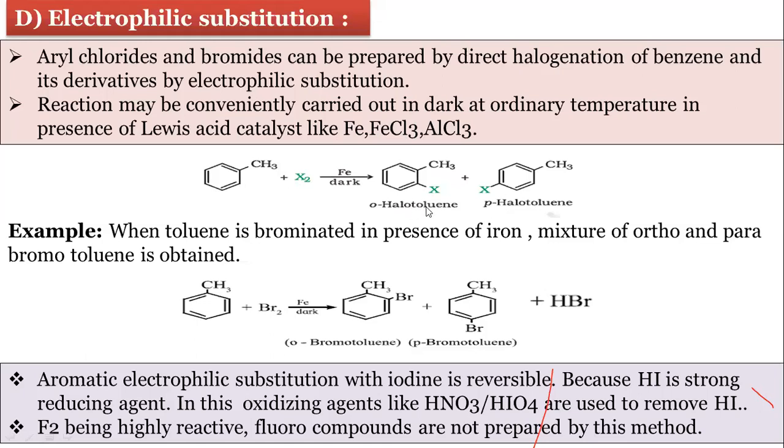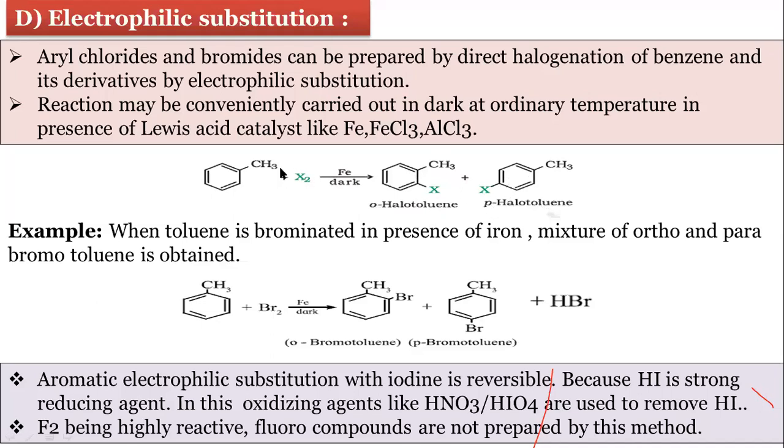The para isomer is more stable because it is less hindered, while in the ortho CH3 and halogen are closer. So this is the minor product and this is the major product, para halotoluene.